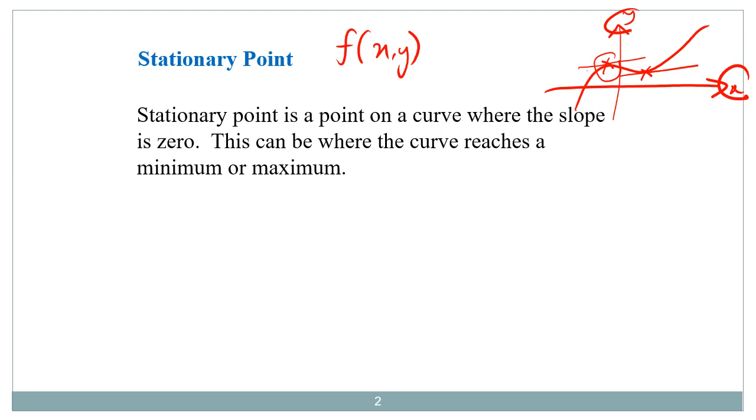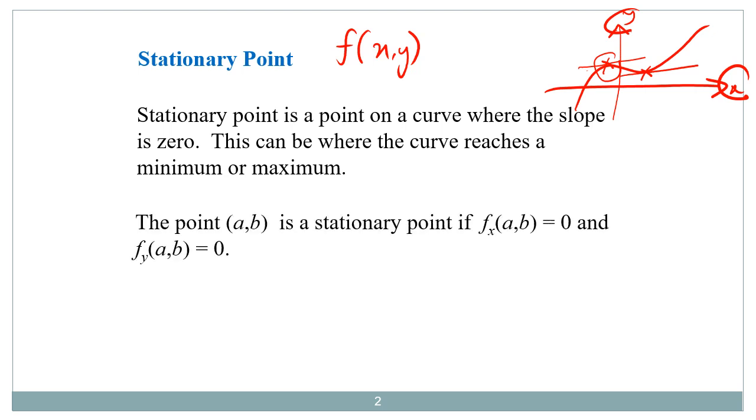So the point (a, b) is a stationary point if f sub x equals 0 and f sub y equals 0. We have two important characteristics to show that the point (a, b) is a stationary point. These two statements are really important to find the point.